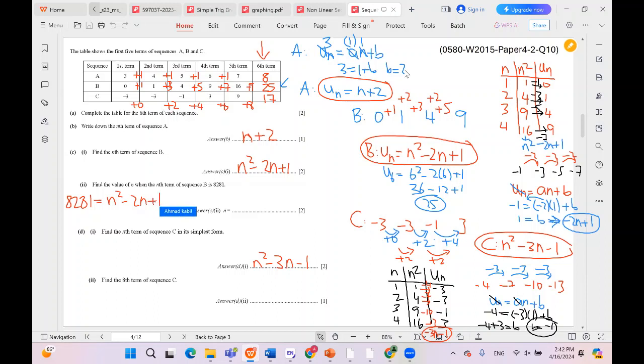We can take this to the other side, so we get 0 equals n squared minus 2n minus, so 1 minus 8,281 gives us 8,280. And then you can simply use mode 5.3 on your calculator in order to figure this out. This is what I'm about to do right now.